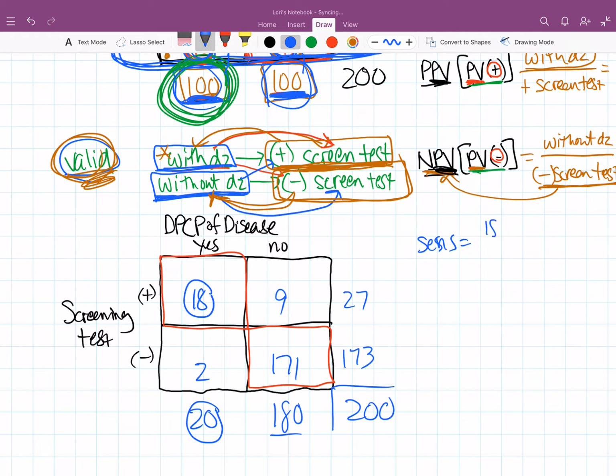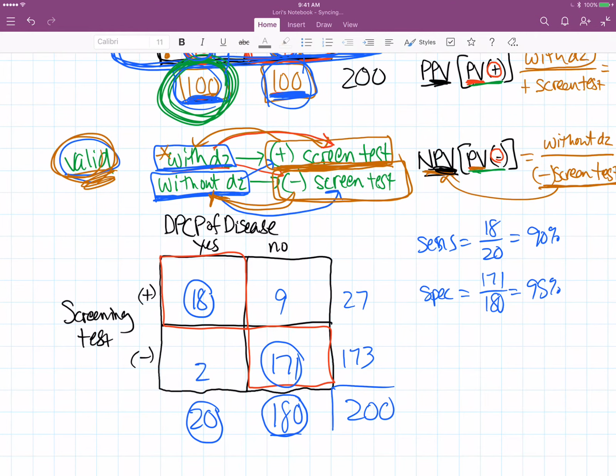That would be 18 out of 20, and that still is 90%. The specificity is equal to, of those who do not have the detectable preclinical phase of disease, what percent tested negative? That would be 171 over 180, and that's 95%.